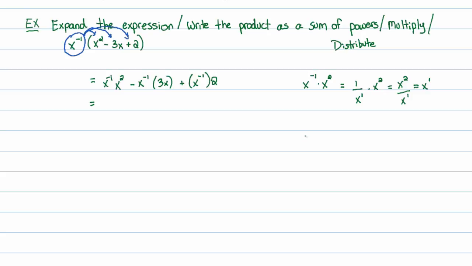But with exponents, you have the option of using a lot of different methods for performing your operations. You could have instead said, listen, I know that we have this theorem that says if I have the same bases with different exponents and they're multiplying each other, I can add their exponents, negative 1 plus 2, which is going to be x to the first.